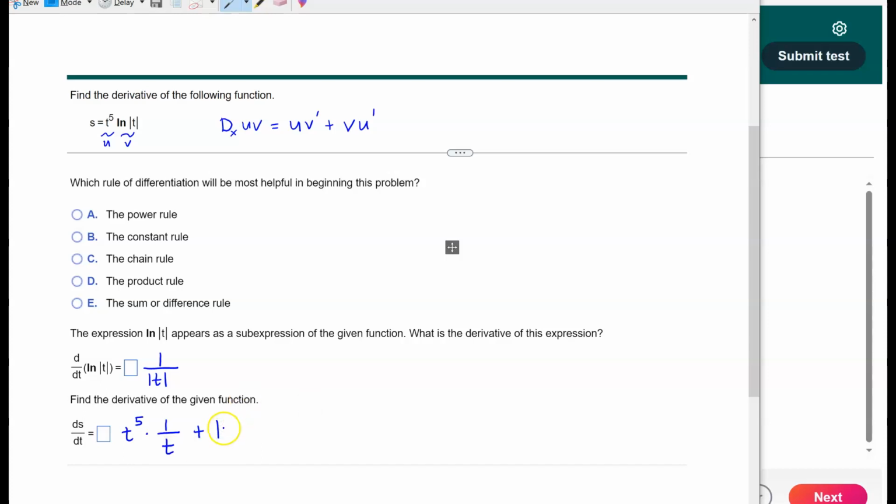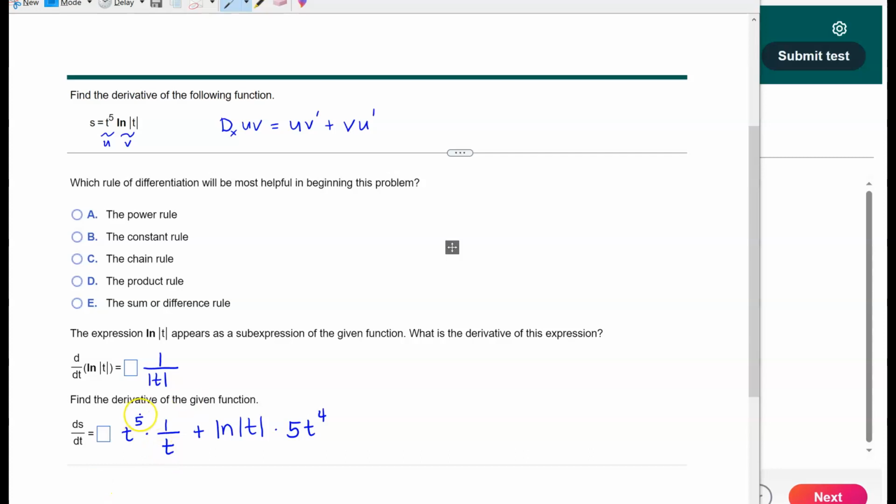So we're just making sure here that t is actually positive. So ln of the absolute value of t times the derivative of u, which is 5t to the fourth. You may simplify this. That is equal to t to the fourth, right? Or you can leave your answer like that.